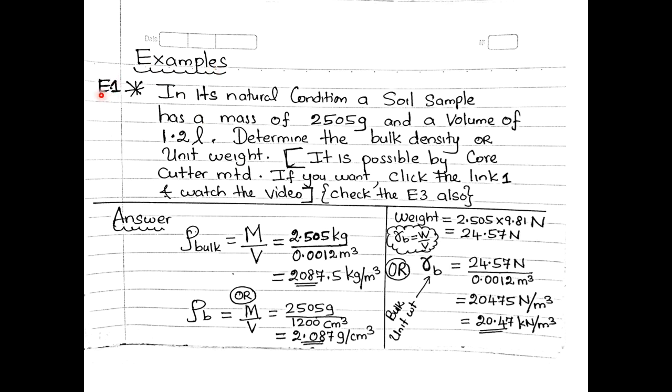Example 1. In its natural condition, a soil sample has a mass of 2505 gram and volume of 1.2 liter.